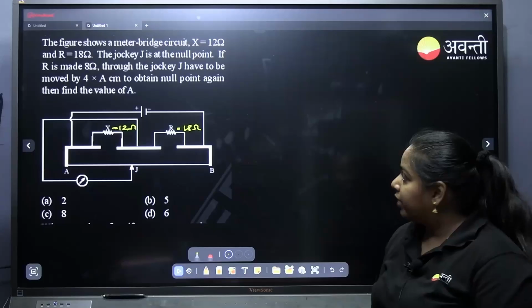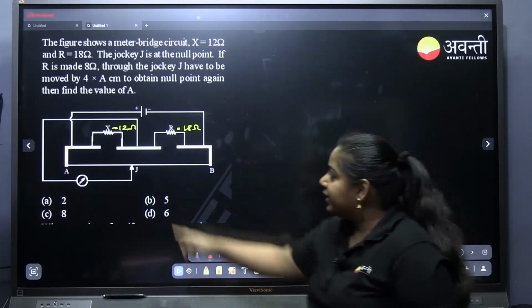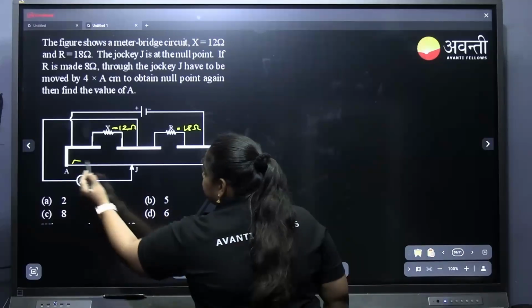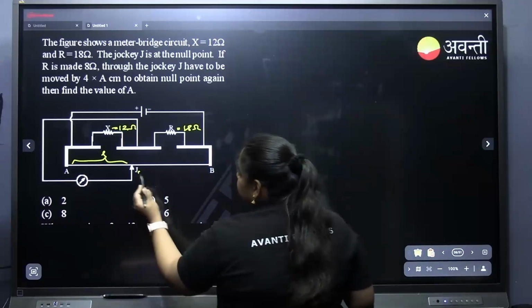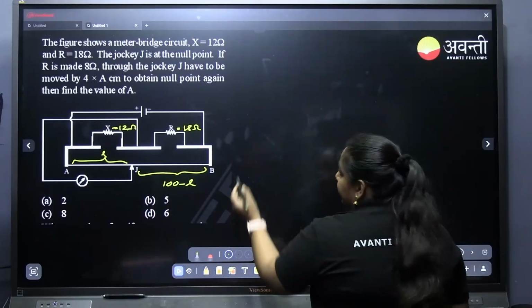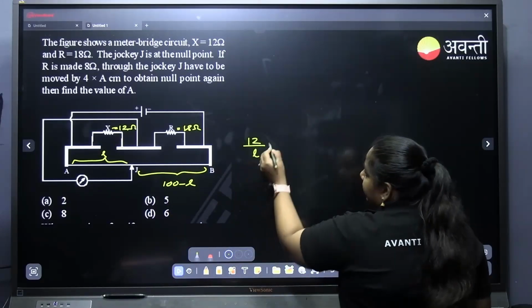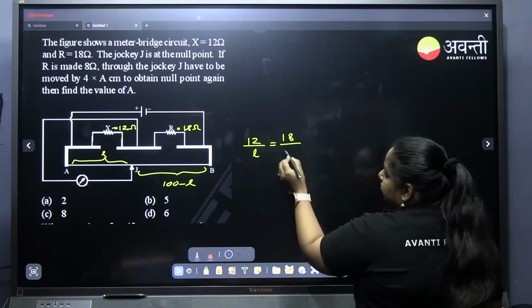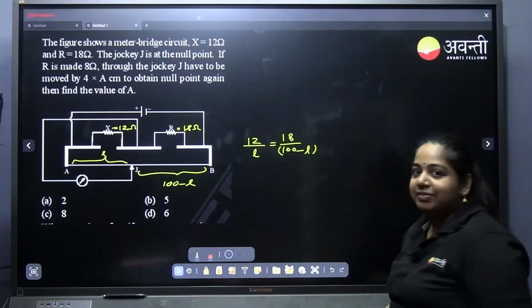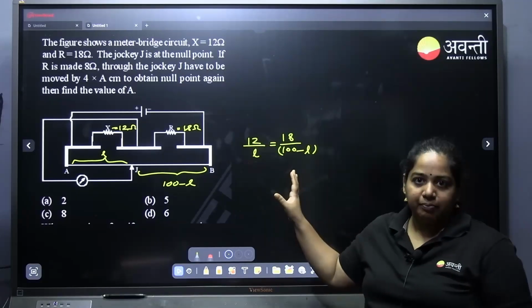Find the value of A. Initially it is at some point L. Let's say this is length L and this will be 100 minus L. Then 12 by L equals 18 by 100 minus L. From this we can solve for the value of L.